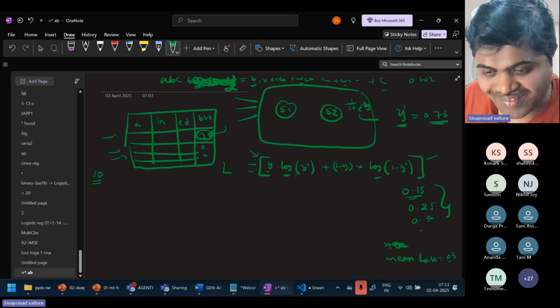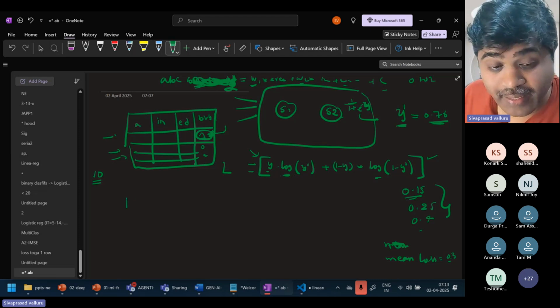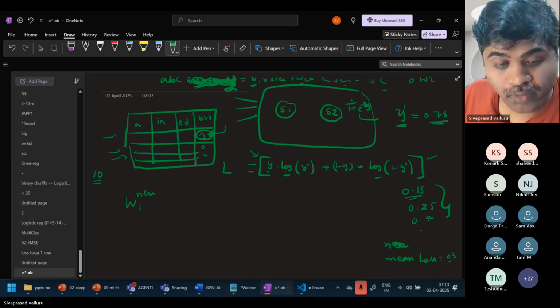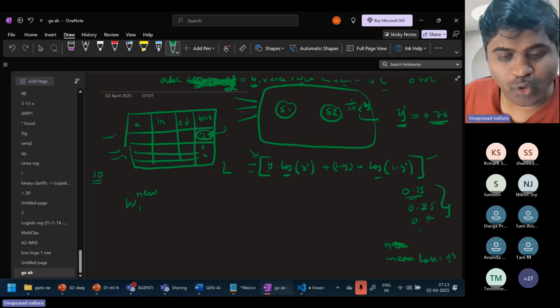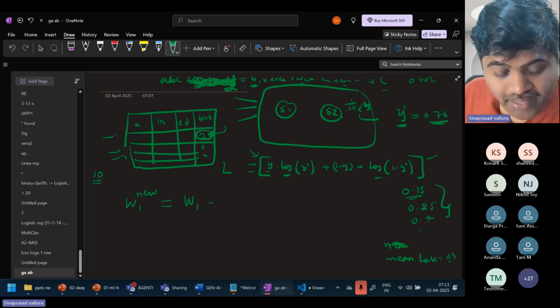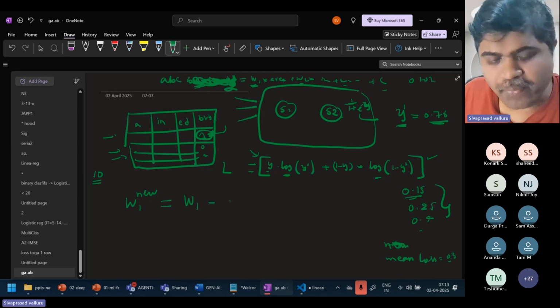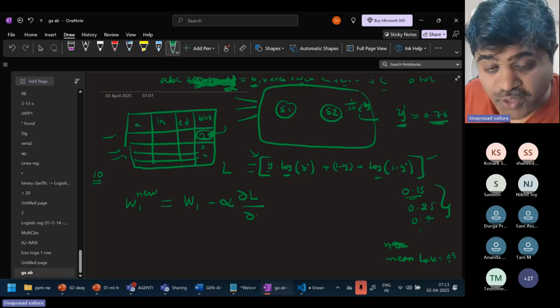So actually we have to calculate the new W1. W1 was some random value, right? How to calculate it: W1 new is equal to the previous W1 minus alpha into the partial derivative of loss with respect to W1.